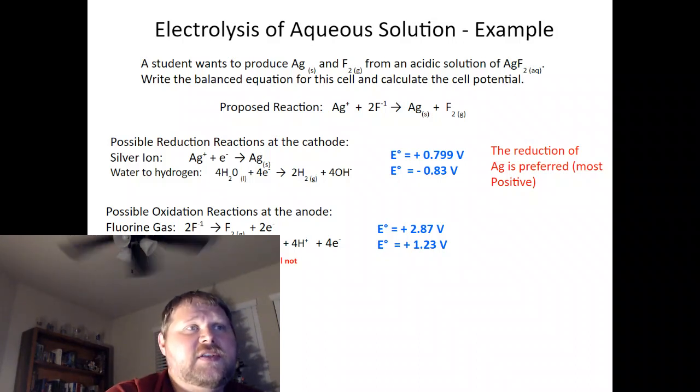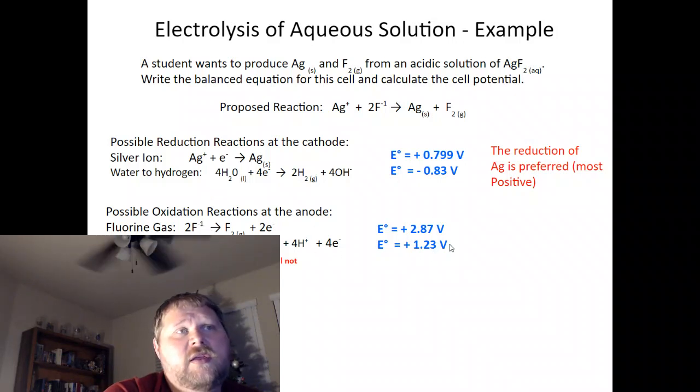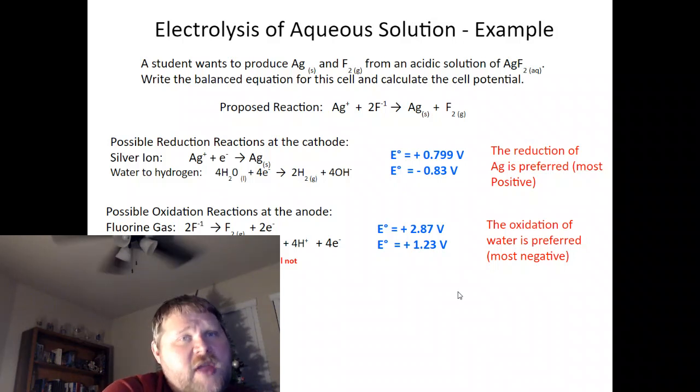So in this case, the most negative number here is positive 1.23. So that tells me I will not be able to do the oxidation of fluoride at this anode. So water is going to be preferred, and if I were to actually set this cell up, I'm going to see bubbles forming at my anode, and if you're not prepared for that, it could be an explosive situation.